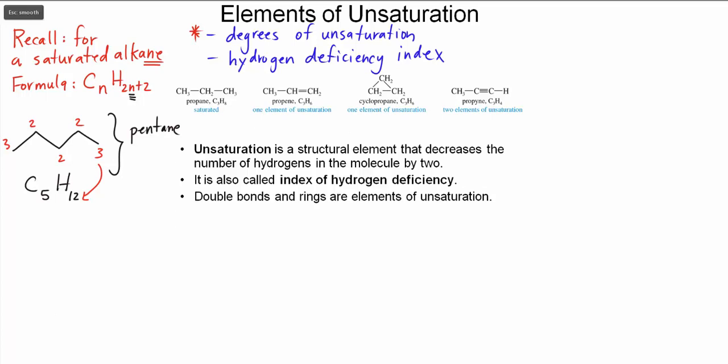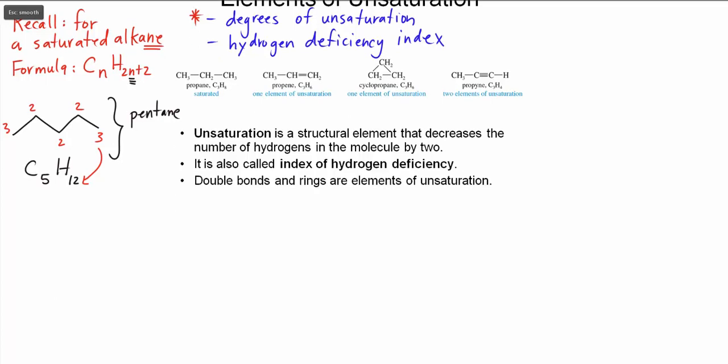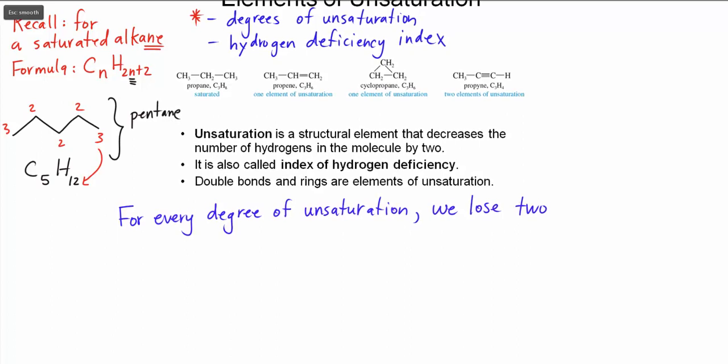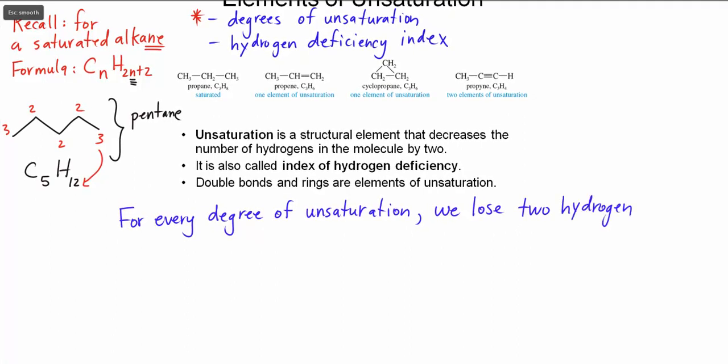This is for a saturated alkane. So when we come to degrees of unsaturation, for every degree of unsaturation, we lose 2 hydrogen atoms that would be in a saturated alkane.